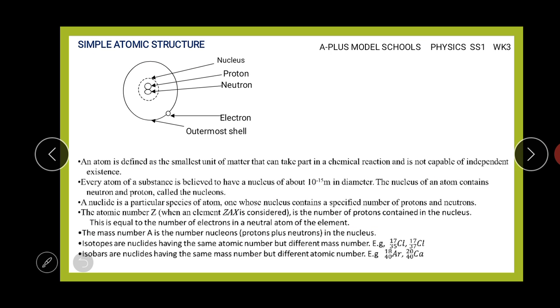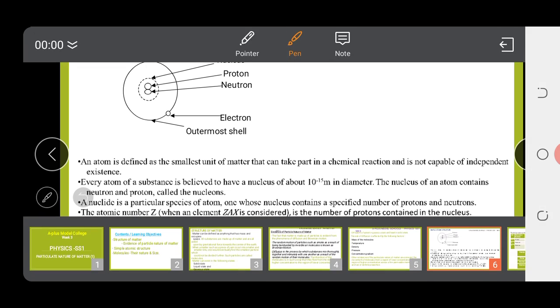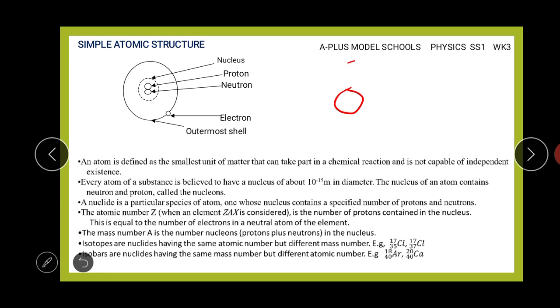The atomic structure, the simple atomic structure. The atom is pictured like a boiled egg that has a yolk. The yolk is more or less like a nucleus, and inside the nucleus we have the protons and the neutrons. Then we have the shell around that nucleus, which holds the electrons.